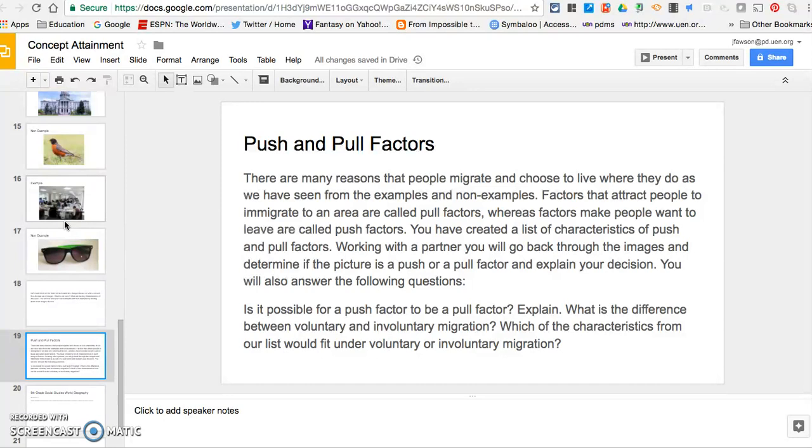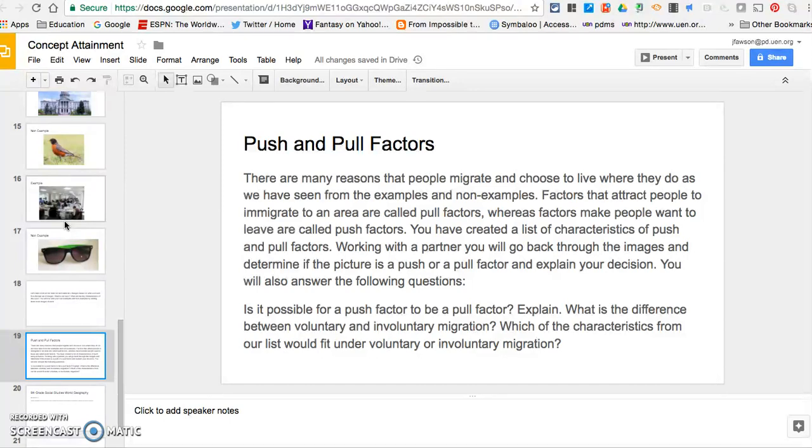And then I would have these thought questions to check our understanding. Is it possible for a push factor to be a pull factor? And then explain that. What is the difference between voluntary and involuntary migration? And which of the characteristics from our list would fit under voluntary or involuntary migration?